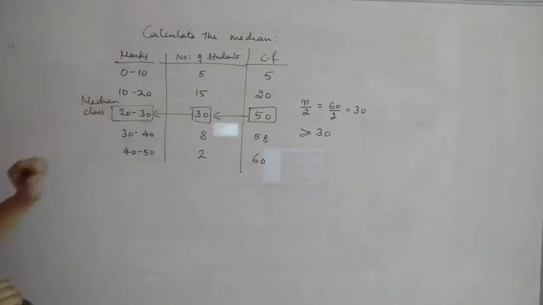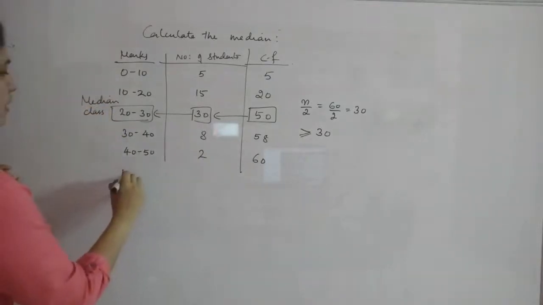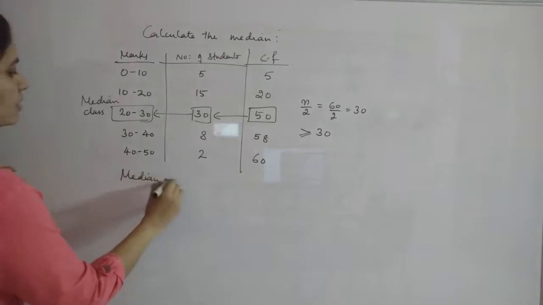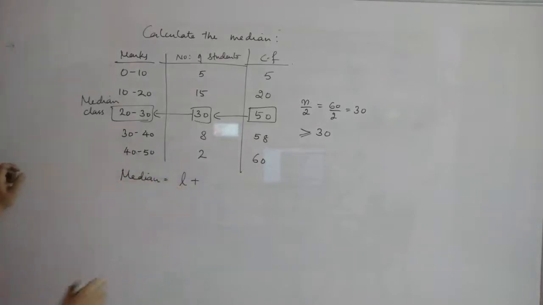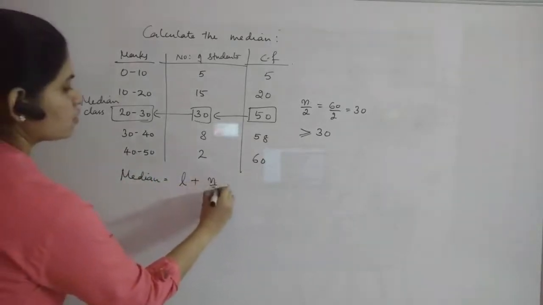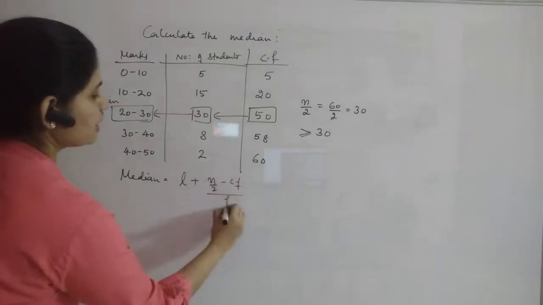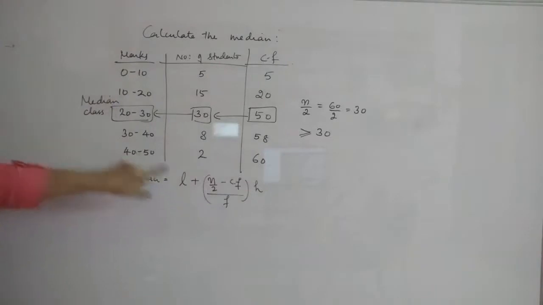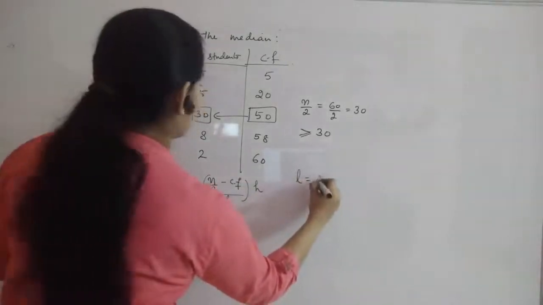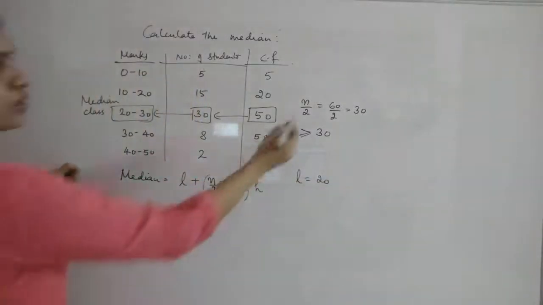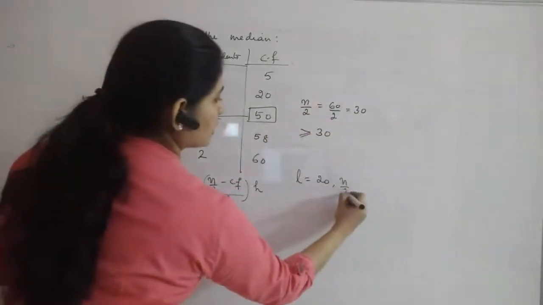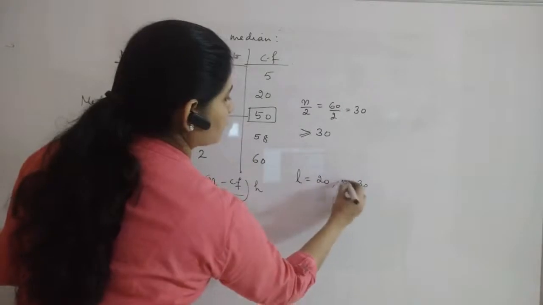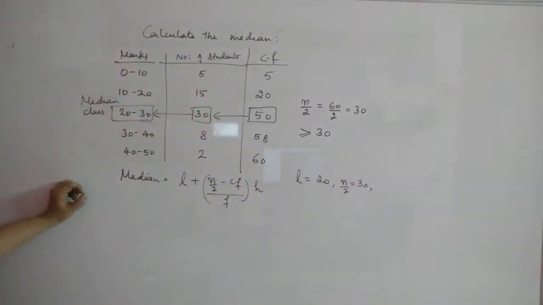Now what is the formula for finding out the median? Median is equal to L plus (n by 2 minus Cf) divided by f, into h. Now what is L? The lower limit of the median class. So L is equal to 20. Then n by 2, already you have found out, it is 30. Then what is f?